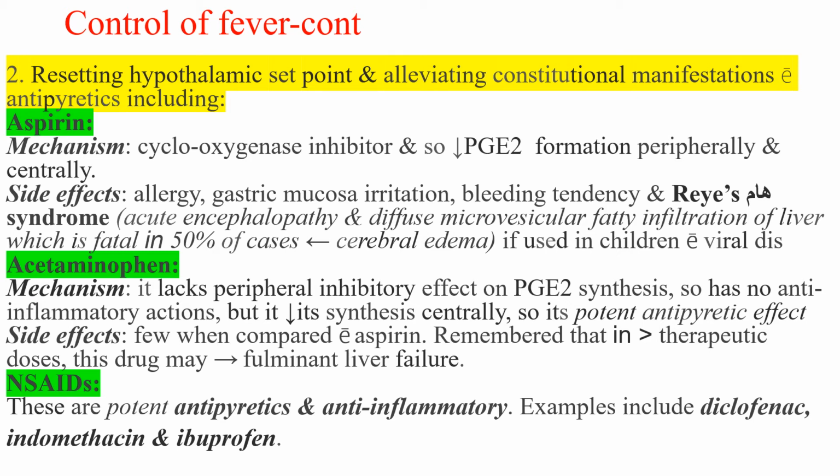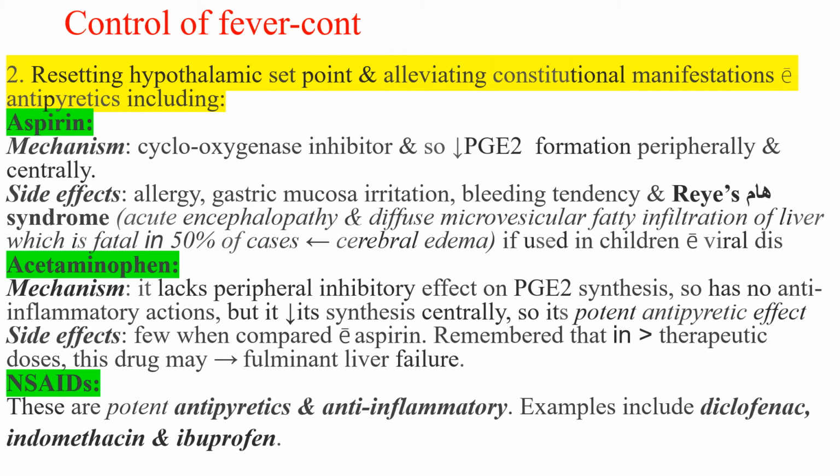Acetaminophen mechanism: it lacks peripheral inhibitory effect on prostaglandin synthesis, so it has no anti-inflammatory actions, but it decreases synthesis of prostaglandins centrally, so it is a potent antipyretic.